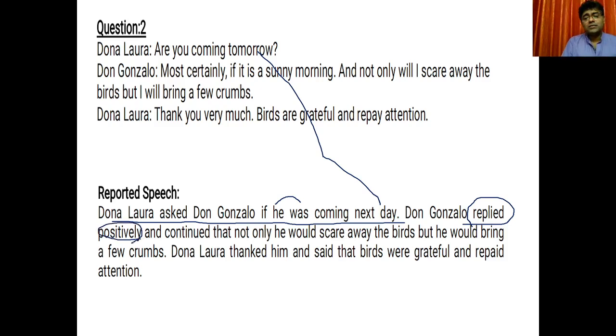So in other words, you could have said Gonzalo replied that he would come the next day. But still there is continuation, and "continued that", because all this is in statement form, so that is required. "Not only he would not scare away", "not" is missing here. This is an error: Not only he would not scare away the birds, but he would bring few crumbs.